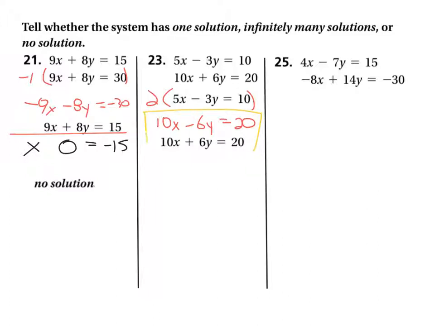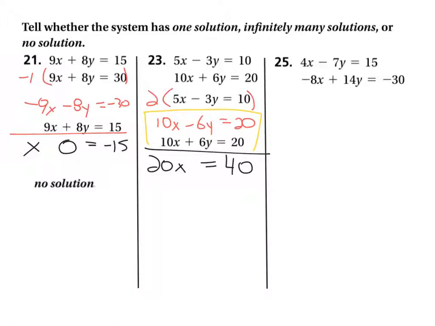Now, we're adding these two together. I'm going to box this out so you can see that these are the two things that we're adding together. 10x and 10x is 20x. -6y and positive 6y is 0, that drops out, and 20 and 20 is 40. Did we get the second variable dropping out? No, we didn't. When one variable was eliminated, the other was not eliminated at the same time.